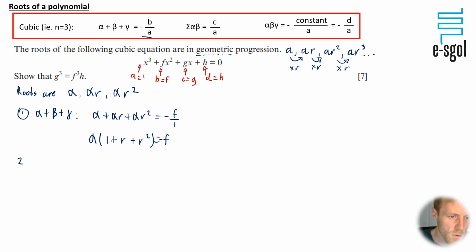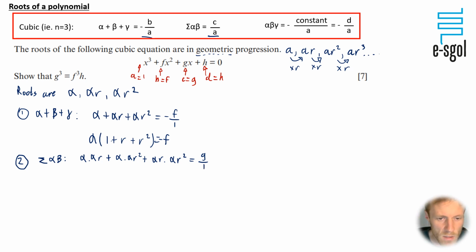Let's do the same for the sum of alpha beta. So we're going to get alpha times alpha r plus alpha times alpha r squared plus alpha r times alpha r squared, and that should equal, where are we? We're looking here, so it's g over a, which is 1.